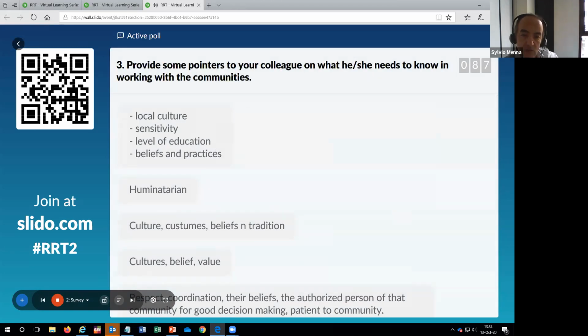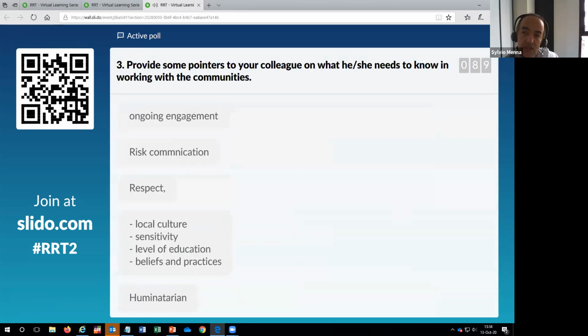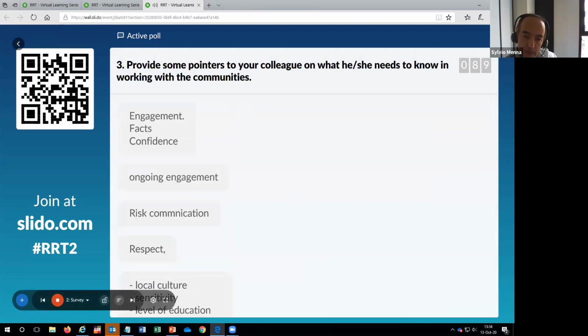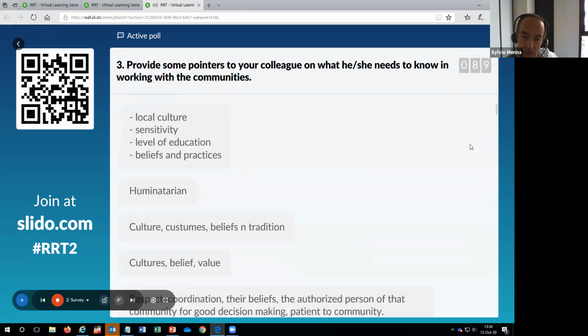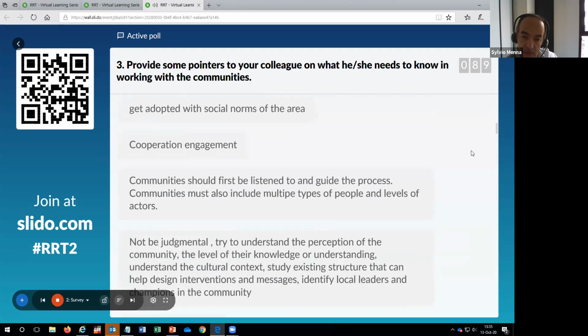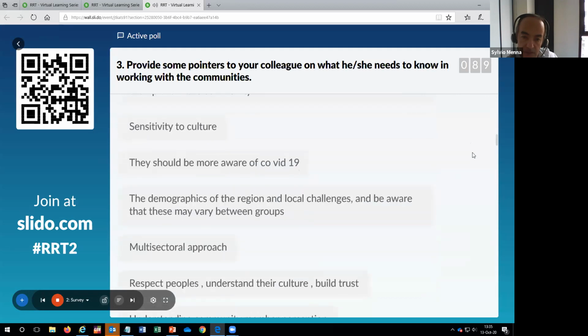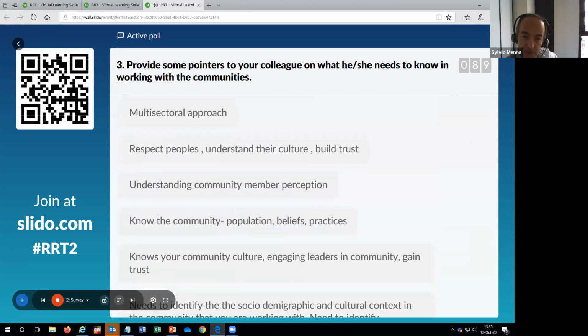So the last question was: provide some pointers to the colleague on what she needs to know in working with the communities. Sensitivity to culture, multi-sectoral approach, respect people, understand the culture, build trust.